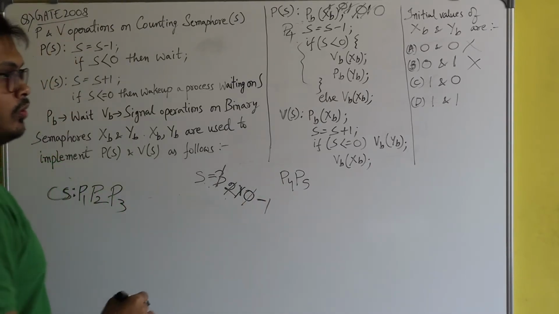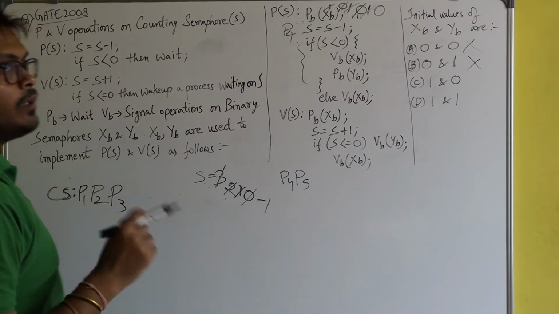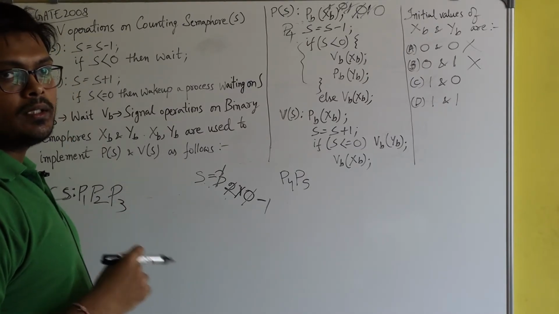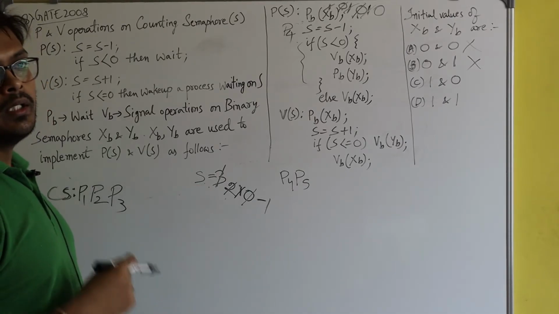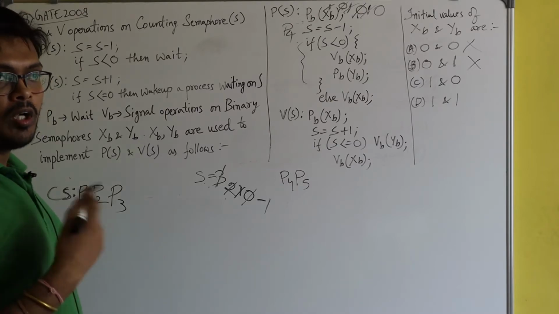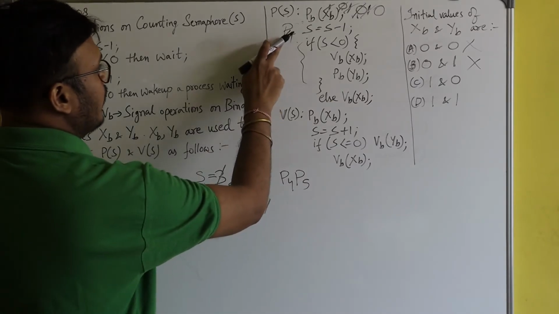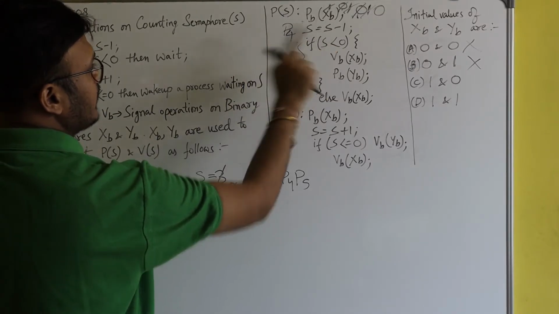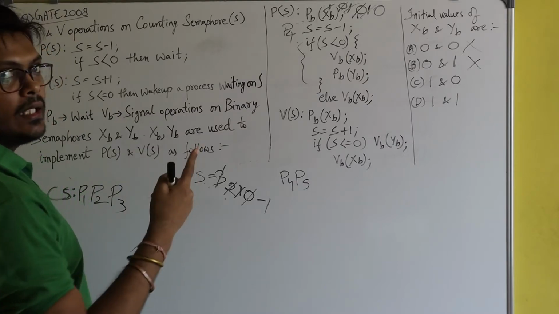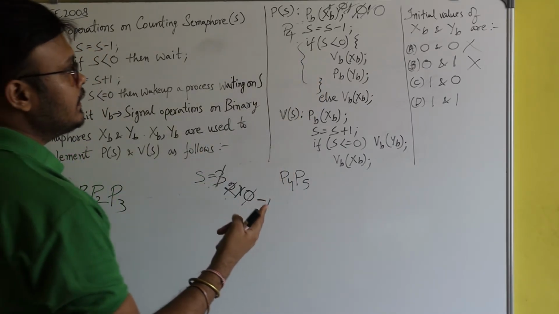A negative value. As I've already told you, what does the negative value indicate in case of counting semaphore? The negative value indicates the number of blocked processes. After executing this line, P4 will check this condition: if S less than 0. The value of S is minus 1, yes, S is less than 0.